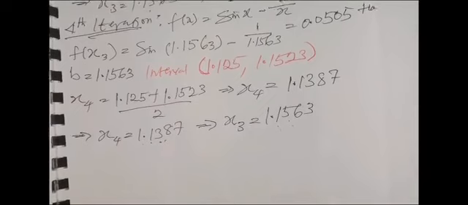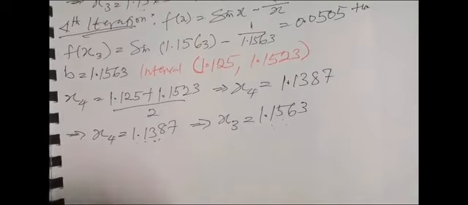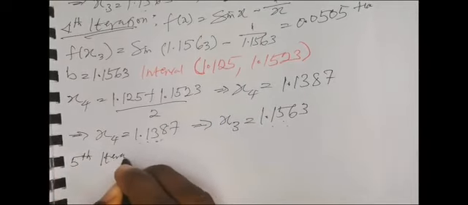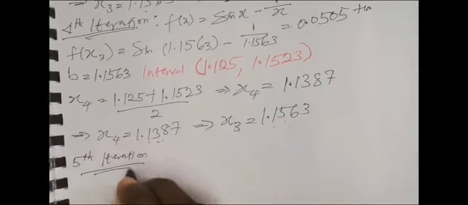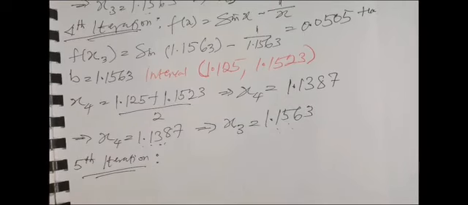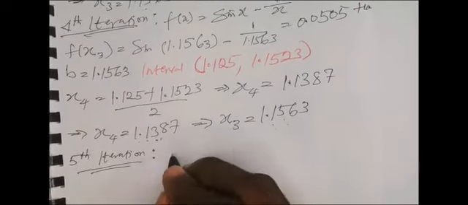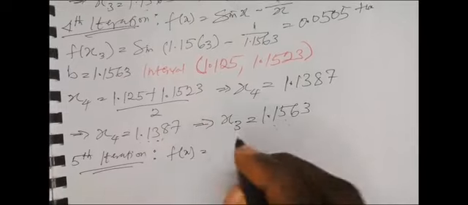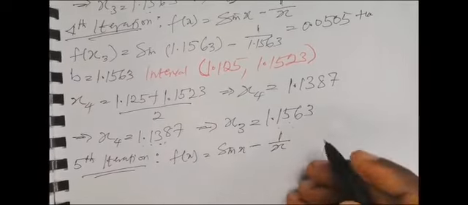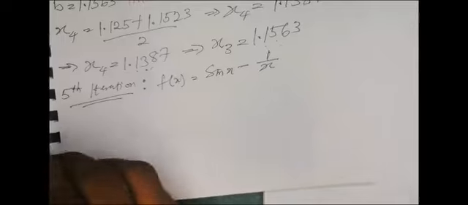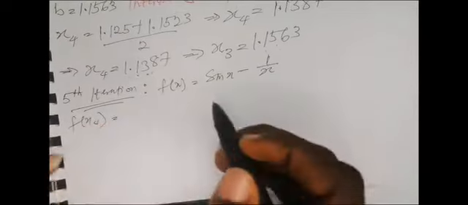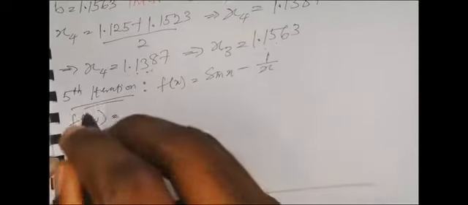So we carry on now with the fifth iteration. Remember, f of s is sine s minus 1 all over s. Now we'll find f of s4, which is the value of the function as s equals s4.